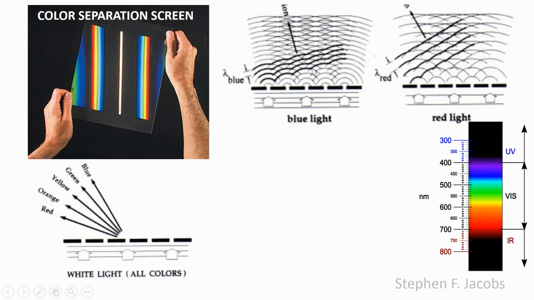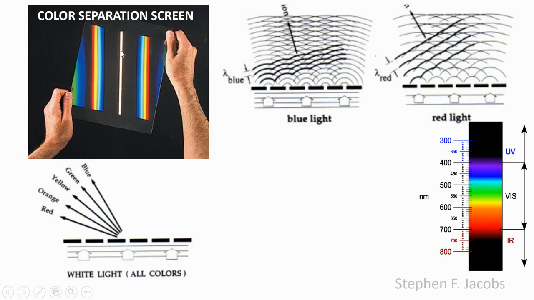The diffracted waves recombine on the other side as they pass through all those tiny gaps and form different wavelengths. They combine and form one color of light because of the size of the wavelength.